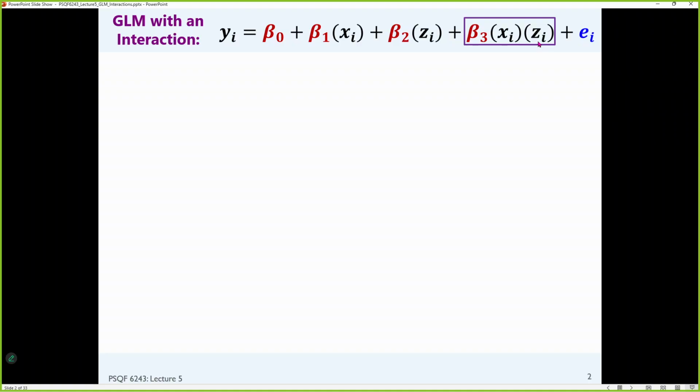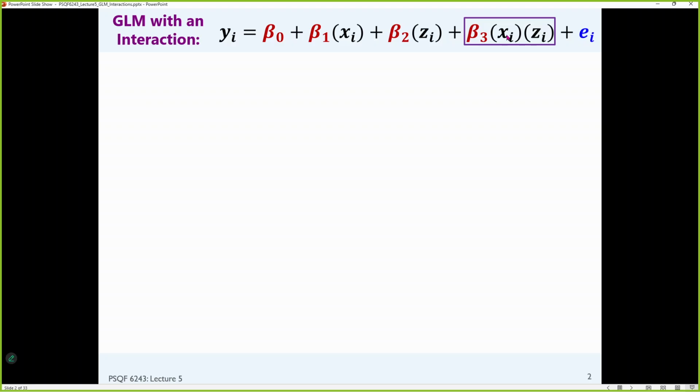An interaction term like this. That's it. So I have an X predictor, I have a Z predictor, and I have the two of them multiplied together with yet another slope in front of it. So beta 3 is called an interaction. In the old days, you had to literally create a new variable in your data set that would be X times Z, and that new variable would be entered in as a third predictor.